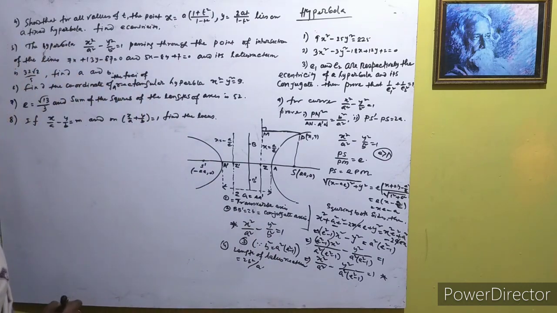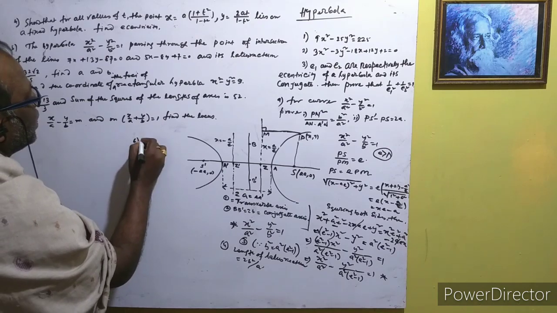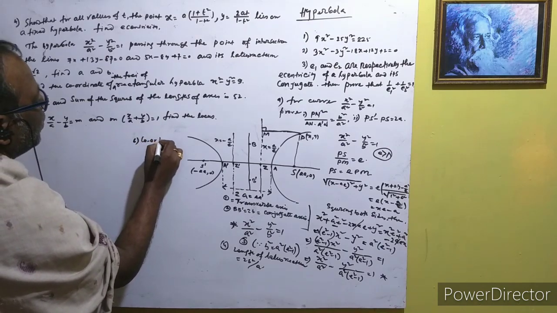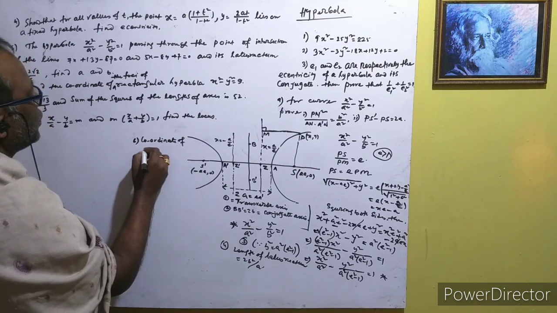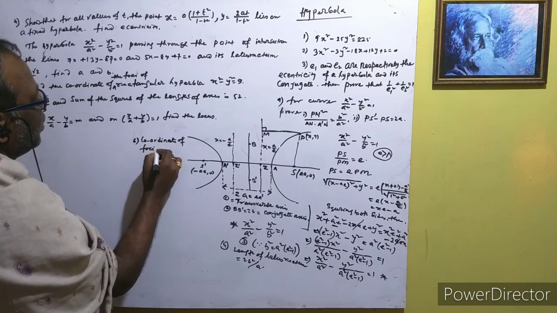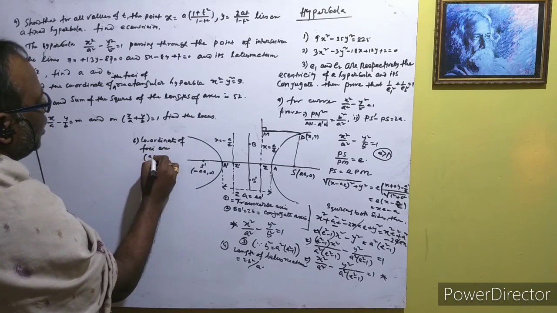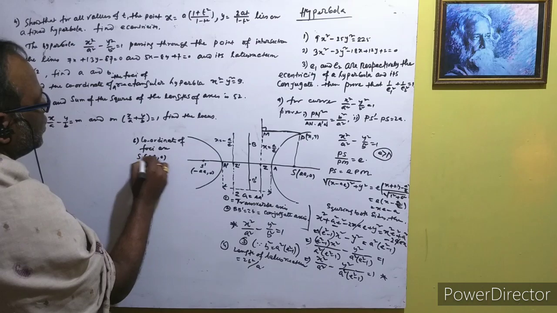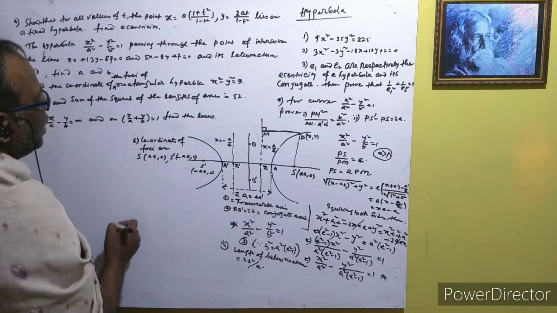And furthermore, we want to introduce some points, like 6, the coordinates of foci. Foci are a comma 0, this is s, and s dash is minus a comma 0 here, okay.